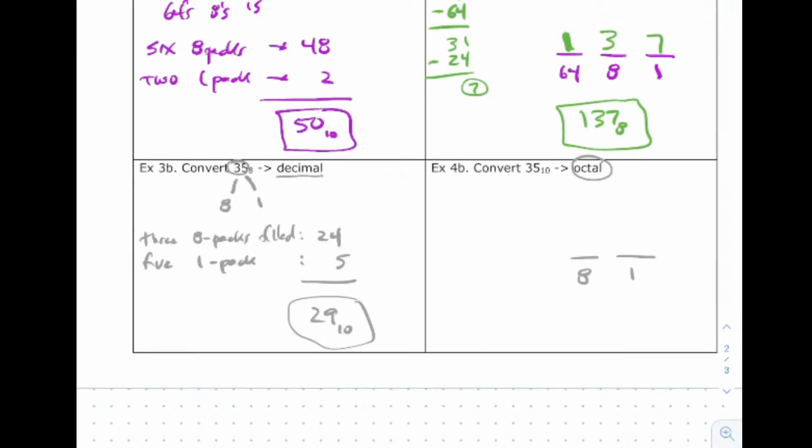So I got 35. I can fill up an 8 pack 4 times. 4 times 8 will suck up 32 of these things. So I got 3 left. Put the 3 in the ones place. And so 43 base 8 is the same as a normal 35.